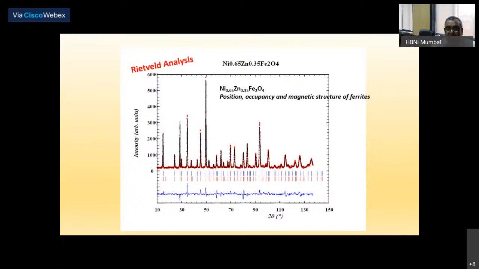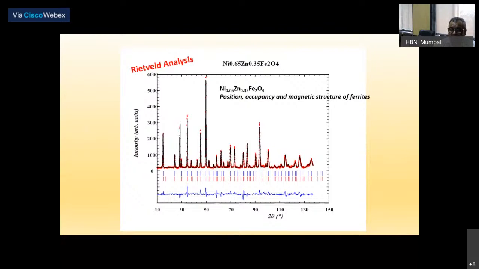So what one does, there are various programs available, but the best primary technique is that I have the experimental data and I start with a model of my crystal, ordered crystal.